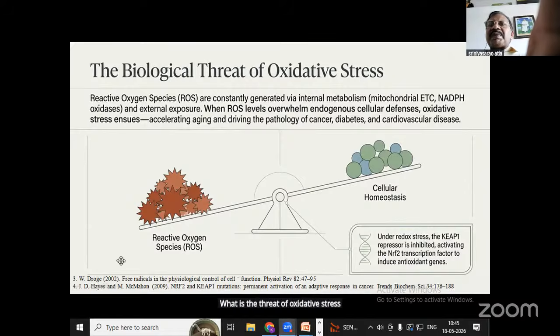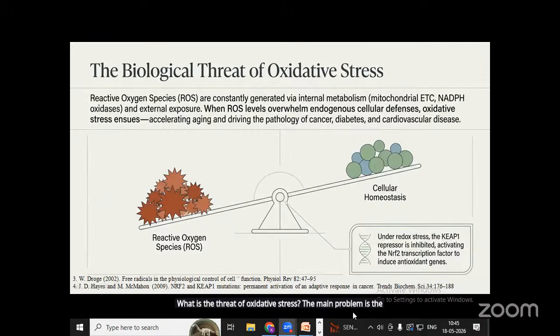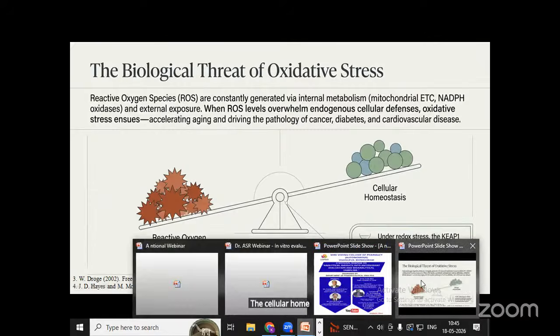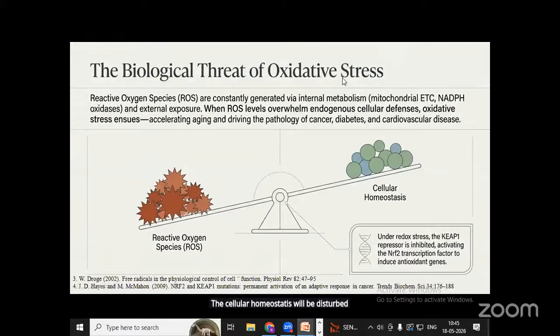The main problem is that cellular homeostasis will be disturbed due to the reactive oxygen species that develop. When ROS levels overwhelm the endogenous cellular defenses, oxidative stress ensues, accelerating aging and driving the pathology of cancer, diabetes, and cardiovascular disease.